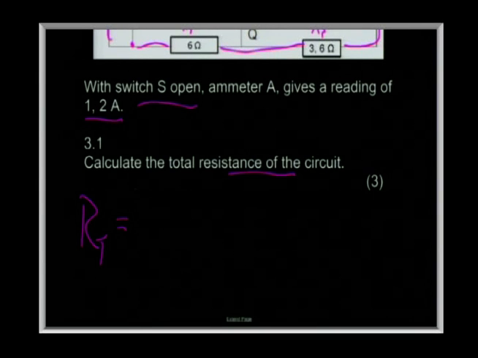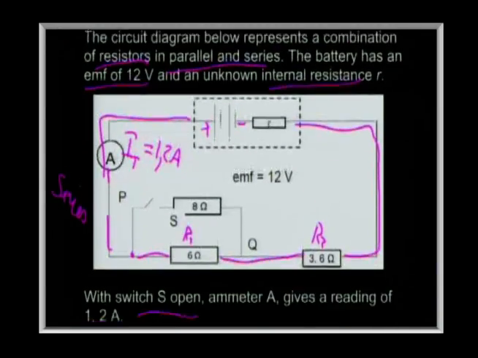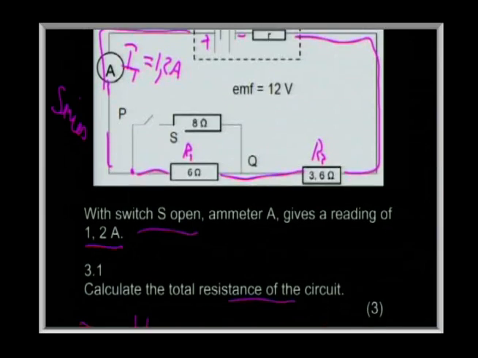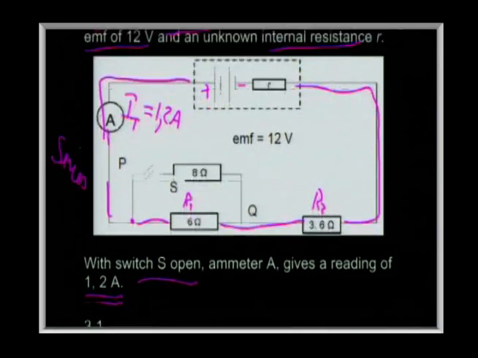So the total resistance is equal to the total potential divided by the total current. And we need to then find what the total potential is. Right, now let's substitute into this formula. Remember, the total potential difference is going to be the EMF, and we've got that value.